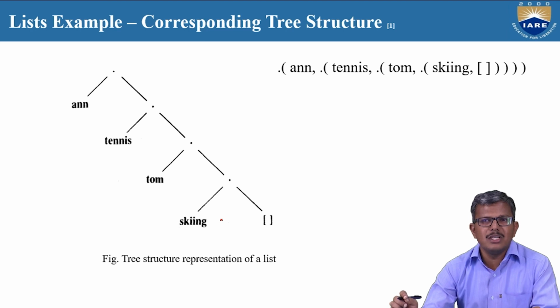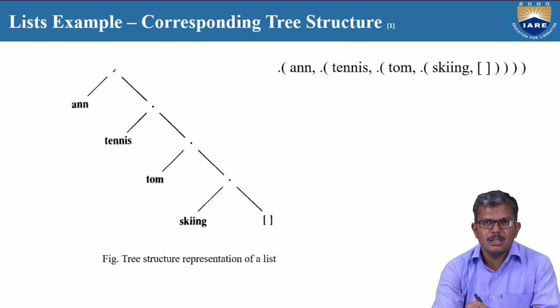This diagram clearly tells all about it. So what does it mean? For this particular list, this is the head, and the remaining entire part will become the tail. But we have seen that the tail part of the main list again has one more list. For that sublist, 10 has become the head and the remaining portion has become the tail.